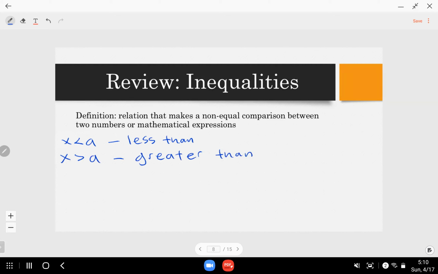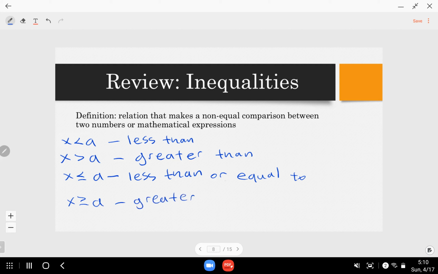Similarly we have the less than or equal to. It has to be less than, but it can also be equal to. And then again we have the greater than or equal to. So remember these signs. Everybody's got it so far? That's good. These are our signs.